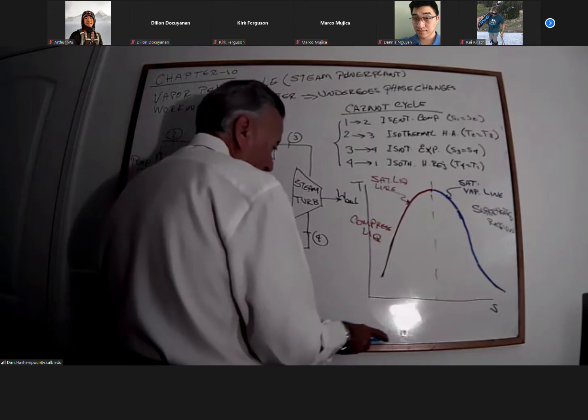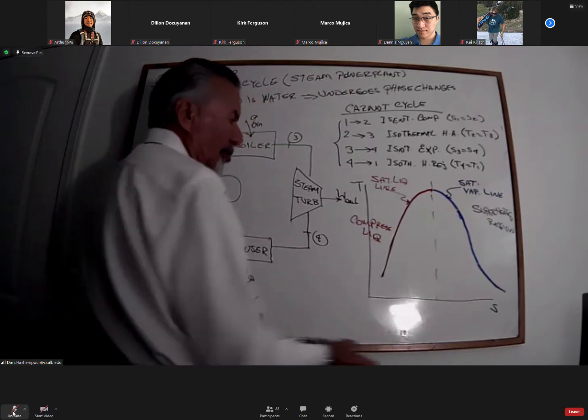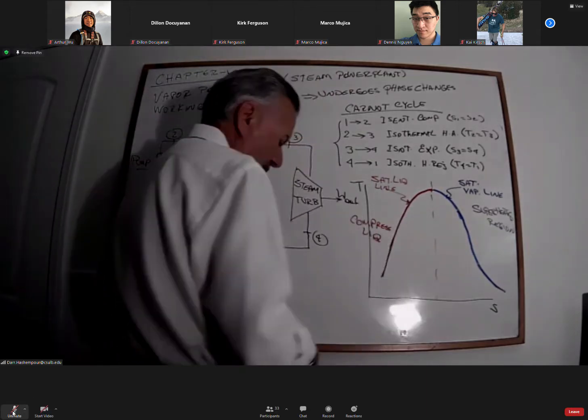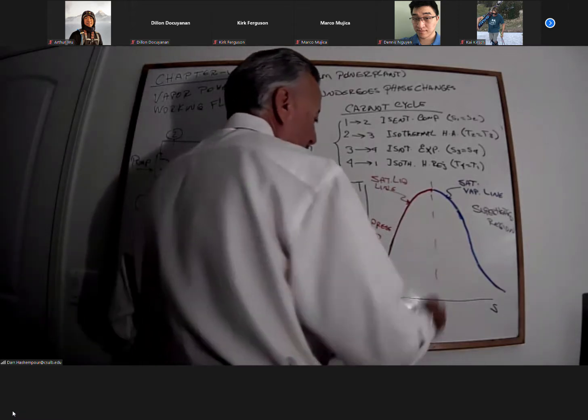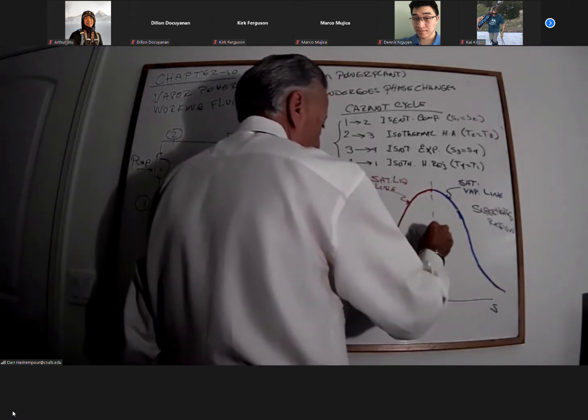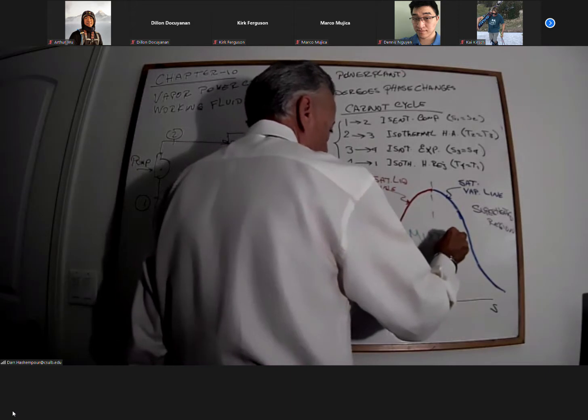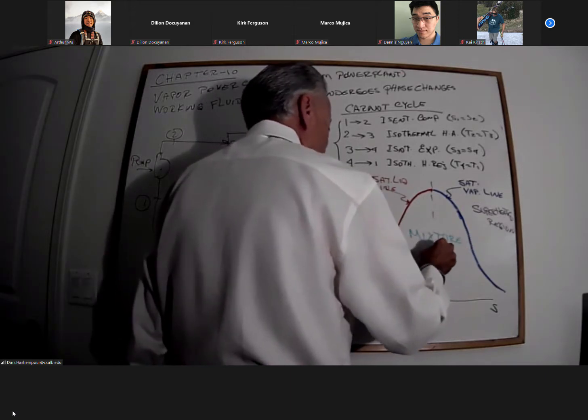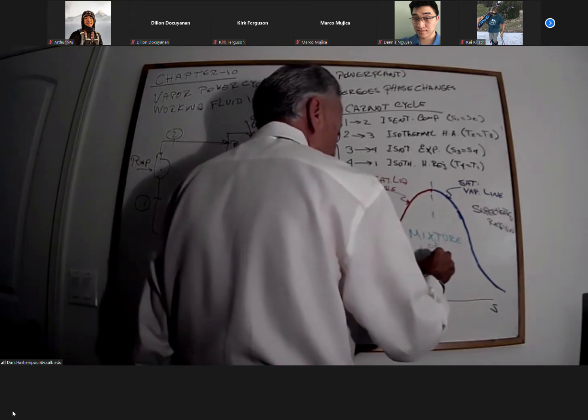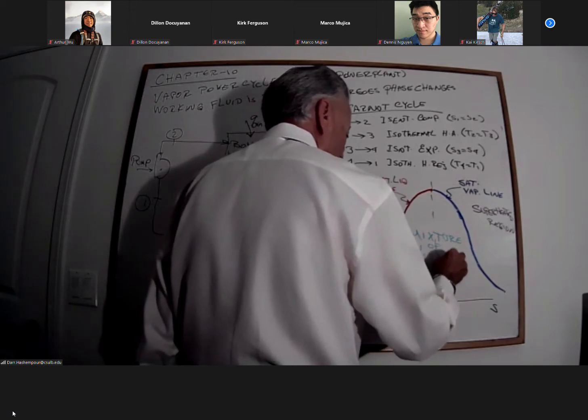Now, any point that is located under the dome is considered a mixture. This is a mixture of liquid and vapor.